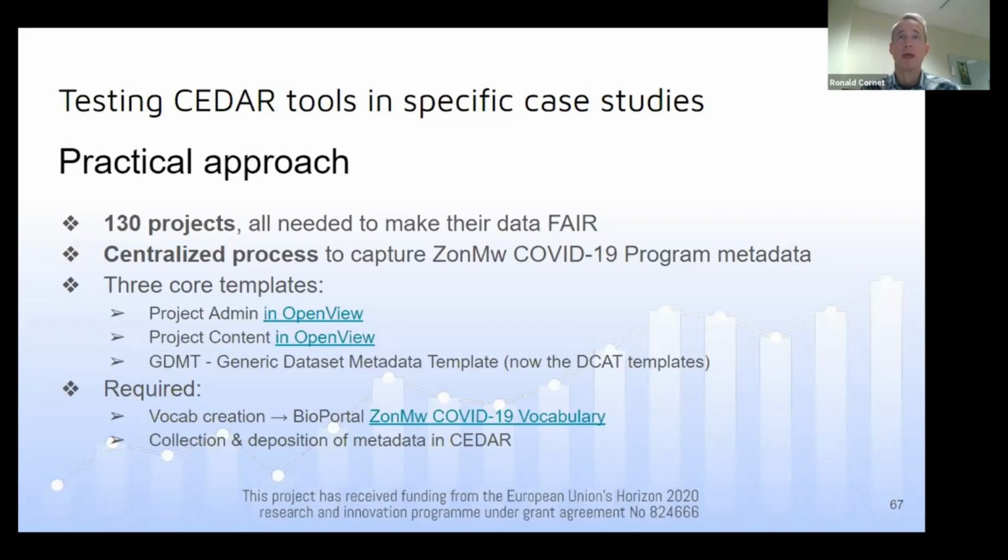Vocabularies were created, as you heard before, using BioPortal, in which the ZonMw COVID-19 vocabulary was created, and then all metadata was collected and deposited in CEDAR, as was demonstrated by John. Next slide, please.